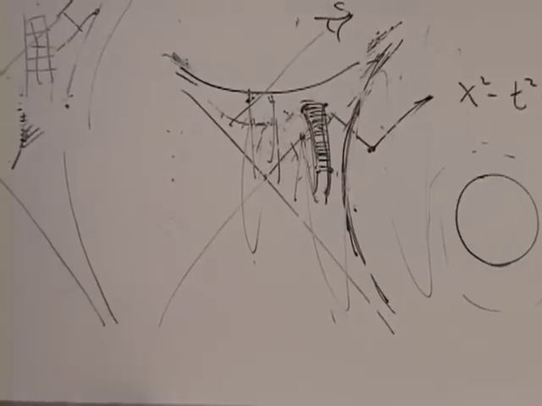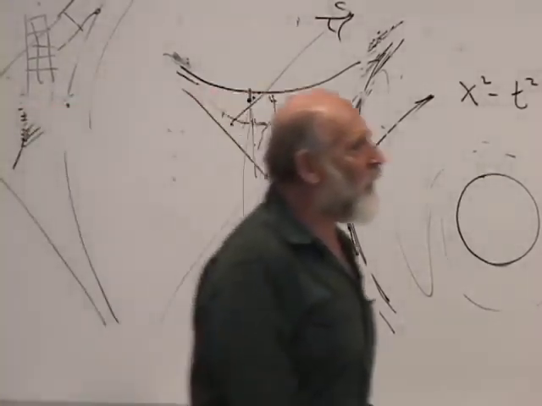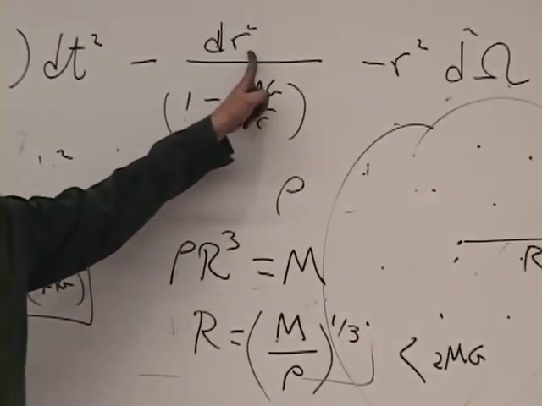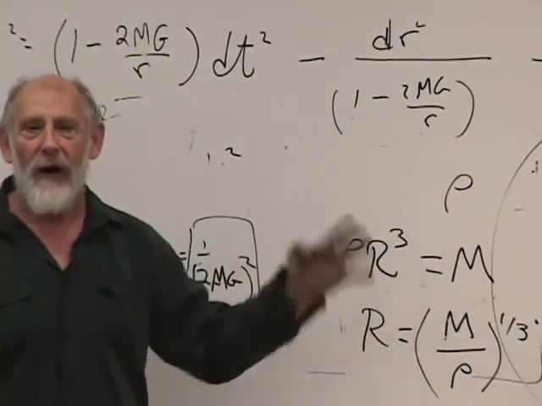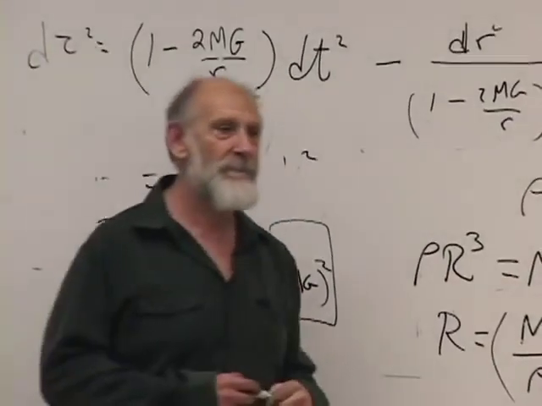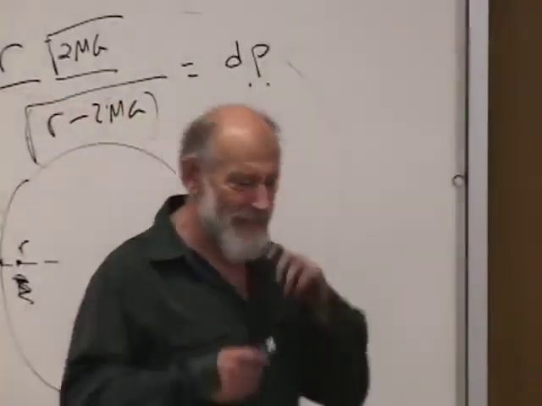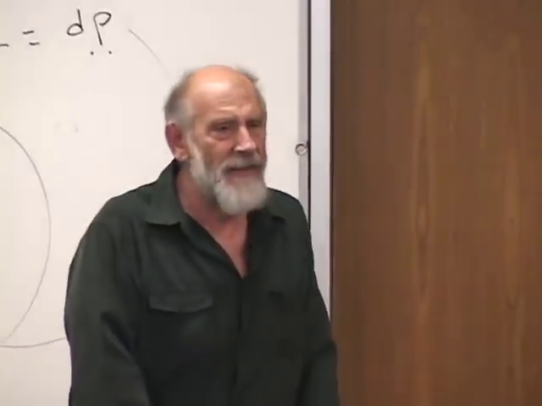It's just using stupid coordinates, which you call R, but you should have called something else when it gets behind the horizon. Just because you call it R doesn't mean you measure it with units. Actually, there's no difference between a clock and a meter stick.